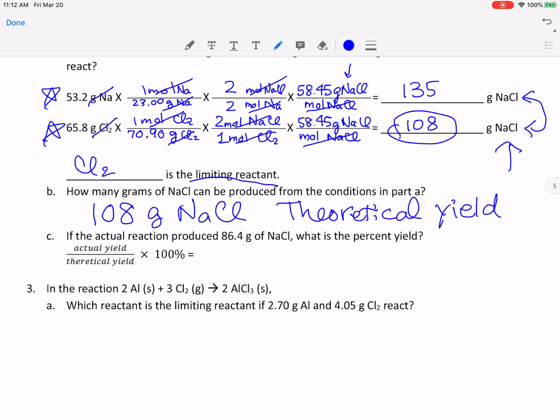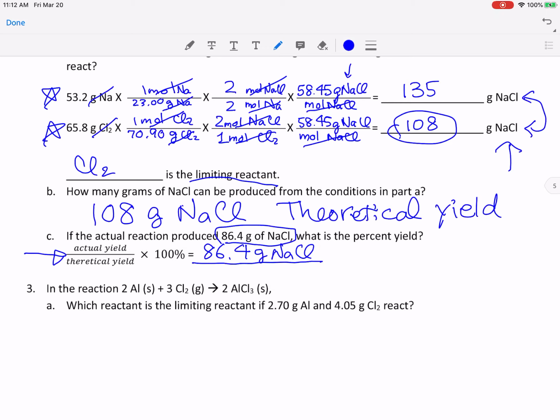So if the actual reaction produces 86.4 gram of sodium chloride, what is the percent yield? Conveniently, the equation is given here. So the actual yield is this, because it's the actual reaction yield, right? 86.4 grams sodium chloride.